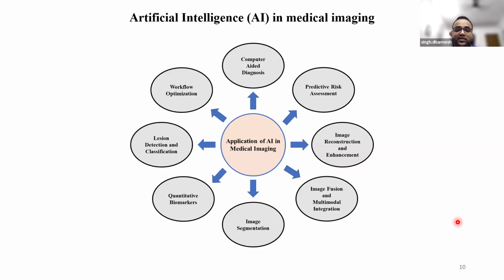From the United Imaging side, it's called AI-assisted compressed sensing (ACS). From the GE Healthcare side, it is called AIR Recon DL, and from the Siemens side, it's called Deep Resolve. From the Philips side, it's called Compressed SENSE. So a lot of work is going on in this area of image reconstruction and enhancement.